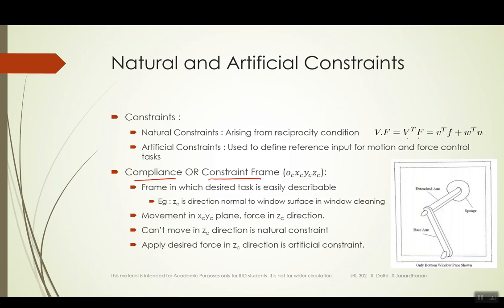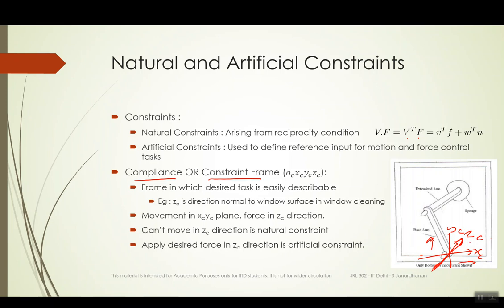For example, let's go back to the window pane case. Here, if you set the axes in a manner such that the surface of the window is the xy plane, and the direction normal to the surface of the window is the z axis, or let us say the xc, yc and zc frame, then you have no restriction of motion in the x direction or y direction.